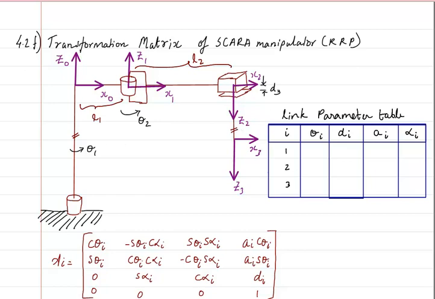So now I have to fill this first row. What is to be done to make x0 parallel to x1? Both are already parallel, so I will make theta 1 the only angular shift.